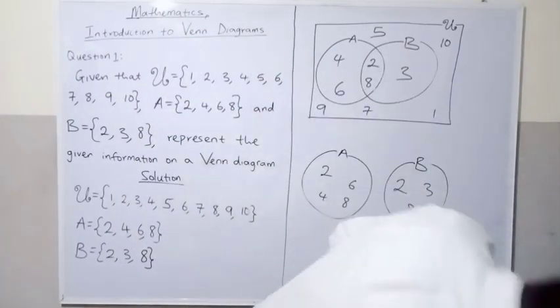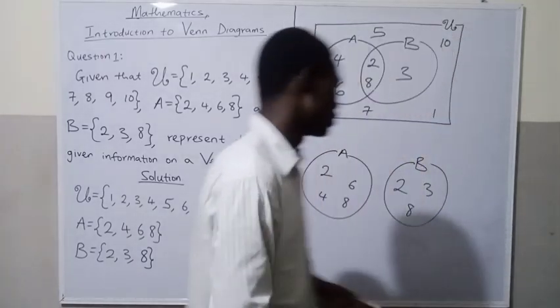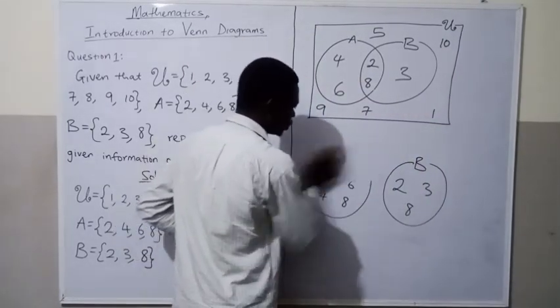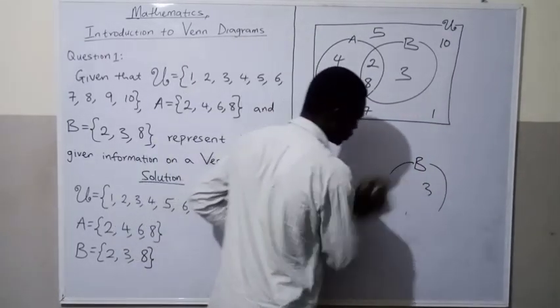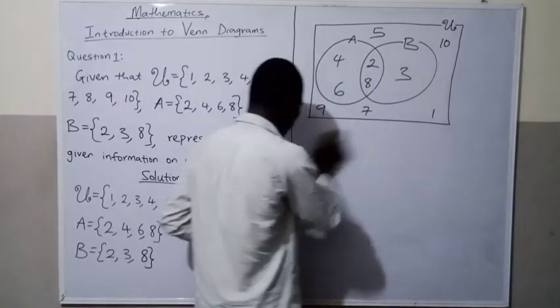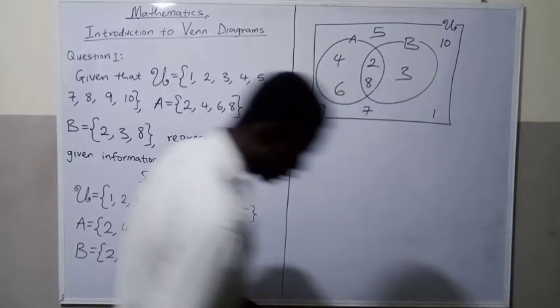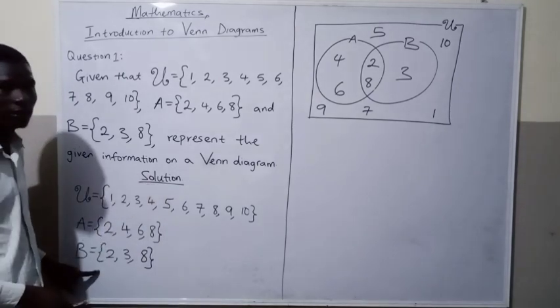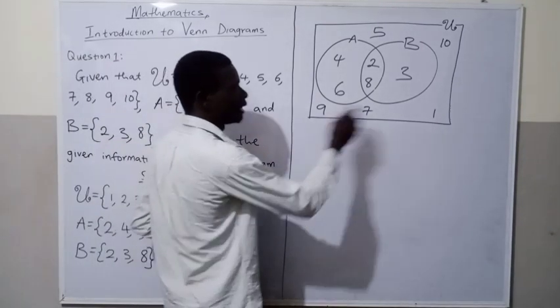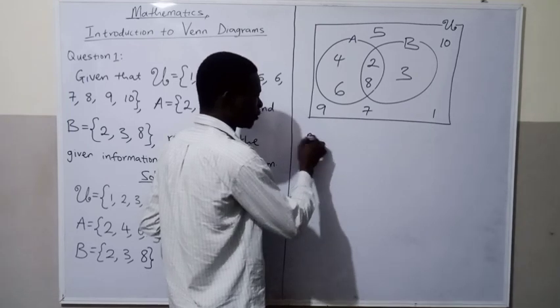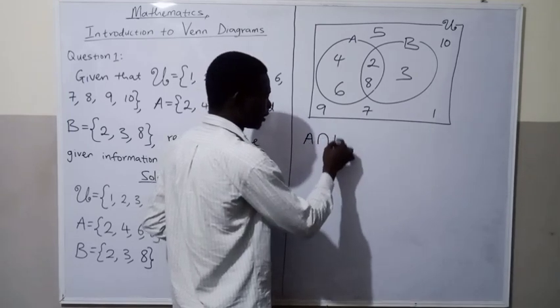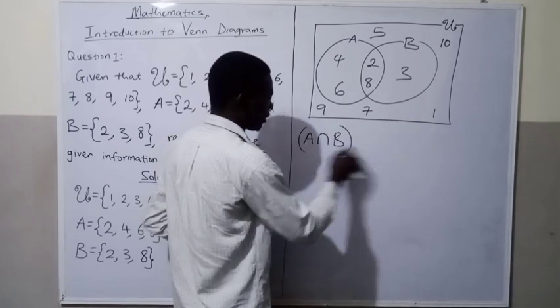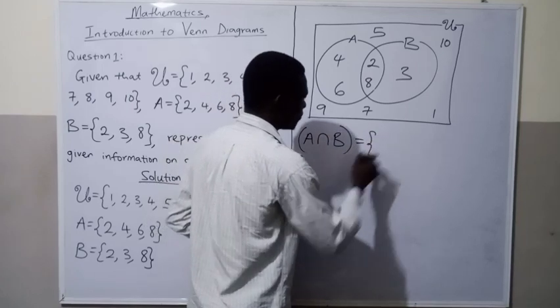So let me see if I can use set builder notation to bring out each section of this Venn diagram. Now, of course, we have seen elements in A, they are this. We have seen elements in B, they are this. Then we have elements common to A and B. That's A intersection B. What are the elements that are common to A and B?